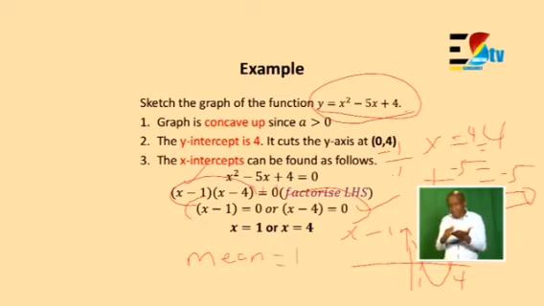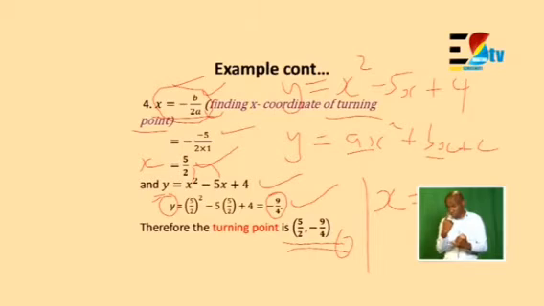The mean of 1 and 4 is 1 plus 4 divided by 2, and this gives us 5 over 2. Okay, so you see that we get the same thing we got here, this 5 over 2. Then you repeat what I've said in order to find the y coordinate. So now we have found the 4 things that we need to find in order to sketch these graphs.